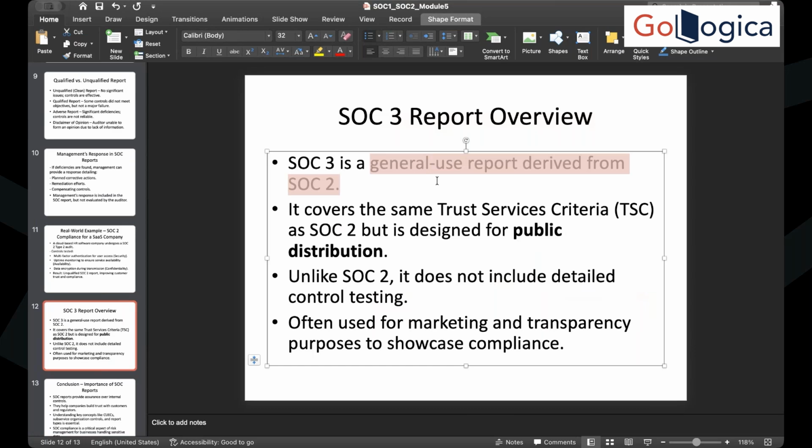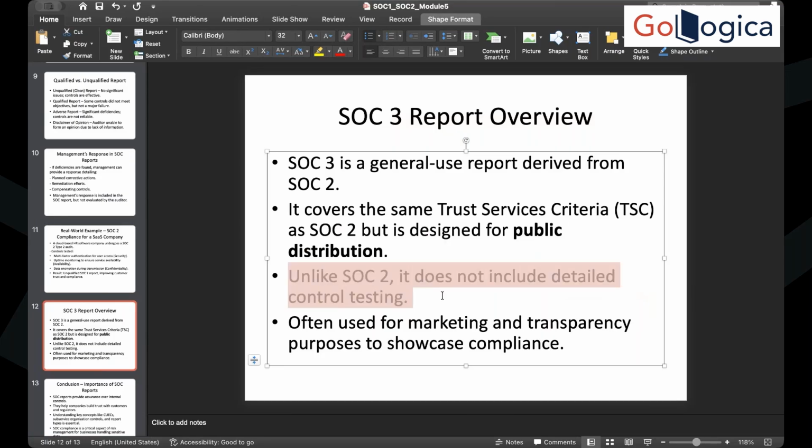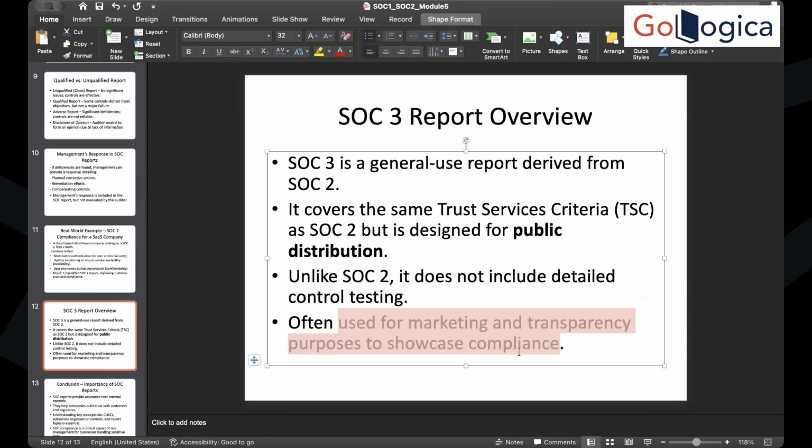Those are just generic controls that should be there in a company. This is designed for public distribution, not for my user entities. Unlike SOC 2, it does not include detailed control testing, and is often used for marketing and transparency purposes to showcase compliance.